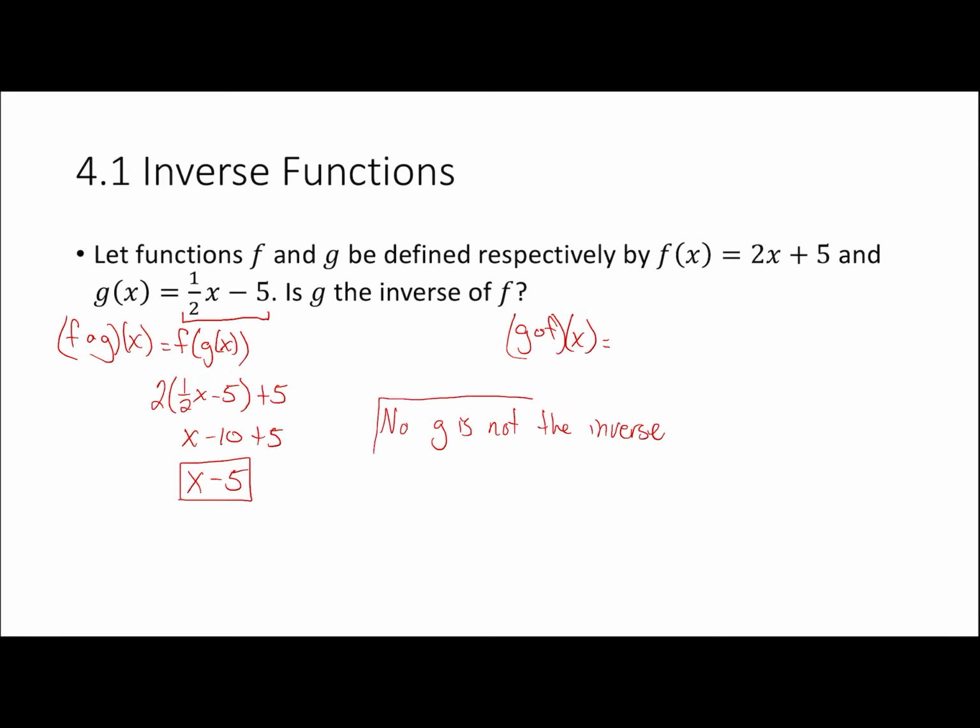Again, we didn't even have to show what g of f of x was because f of g of x didn't give us x. Again, if you have any questions about that, shoot me an email, let me know. I'll try to get back to you as quickly as possible.